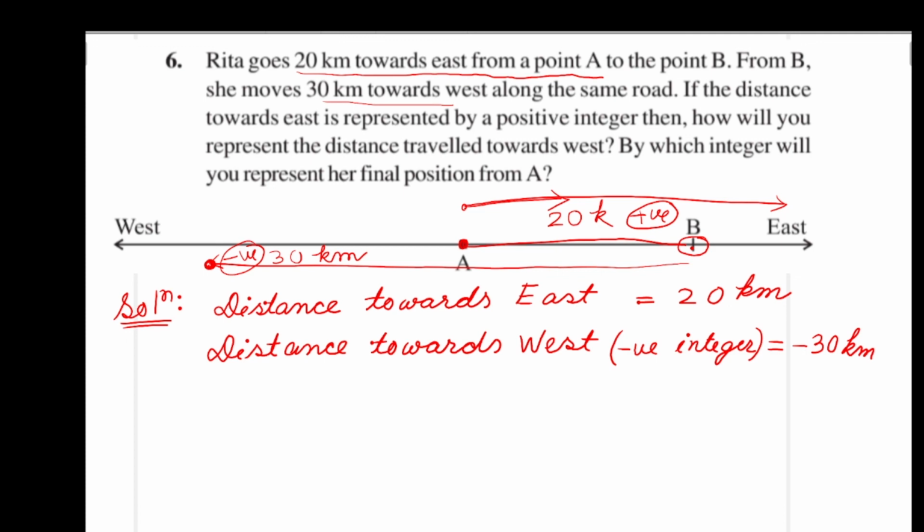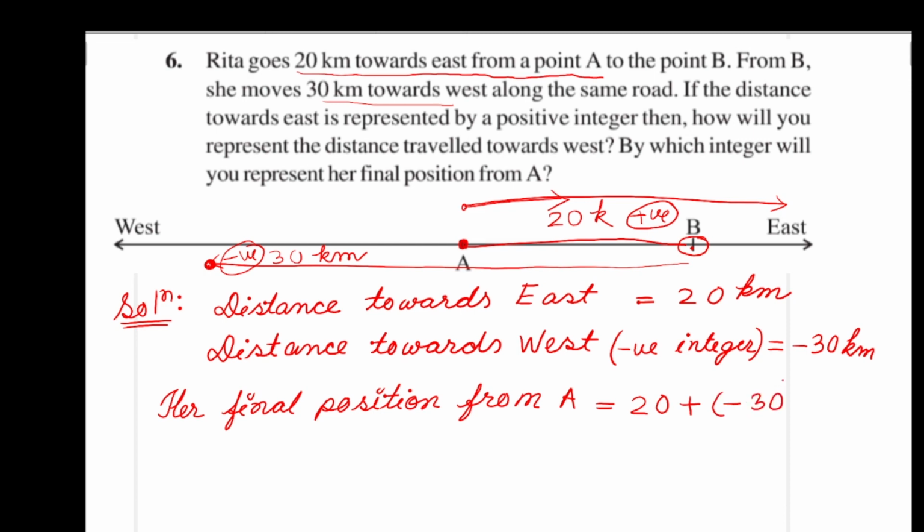Okay, so her final position from A is what? 20 plus minus 30. Answer will come in kilometer. So it will be minus 10 kilometer. Okay. So what answer we will get? How will you represent the distance traveled towards west?